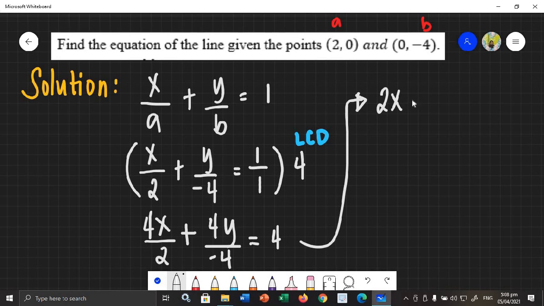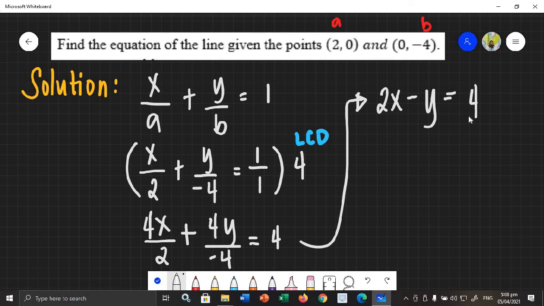Okay? So, pakilagay negative 1y, or it can be written simply as negative y. Kasi yung negative 1 na coefficient ng y, invisible lang yung 1 doon. Equals 4. And just check your answer if it is already in standard form of linear equation.